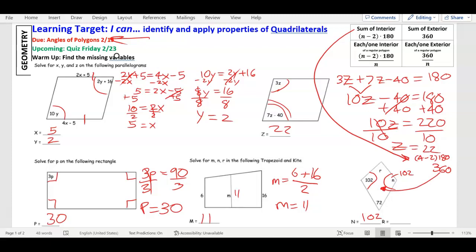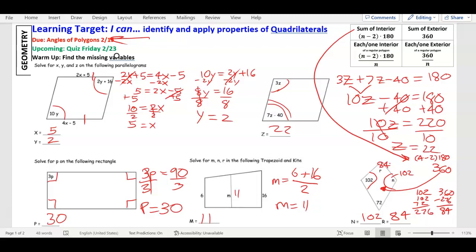So I could take the 3 angles I know, add them up, 102, 102, and 72. I would get 276. Subtract that from 360, and I get 84 degrees. Recap. Kite has only one pair that are equal, so you know what this is 102. Take the 3 you know, add them up, subtract from the sum, 360, that'll give you the missing one.